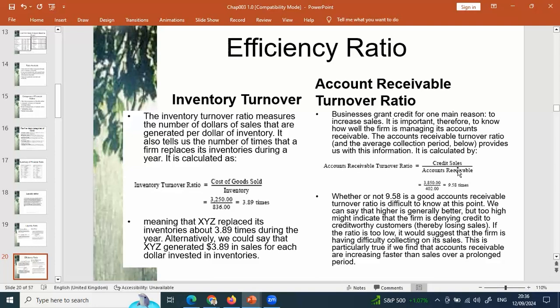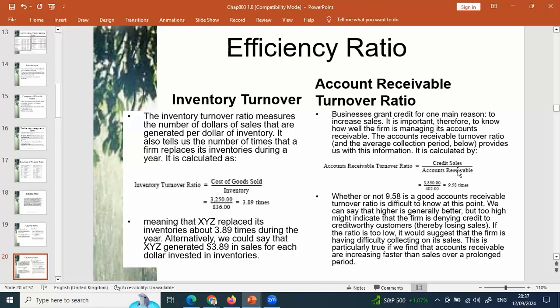Okay, let me explain. I didn't get the point. So inventory turnover. I just want to know, this is 3.89 times. It means how much the inventory has turned over, like this. This is the turnover, 3.89.